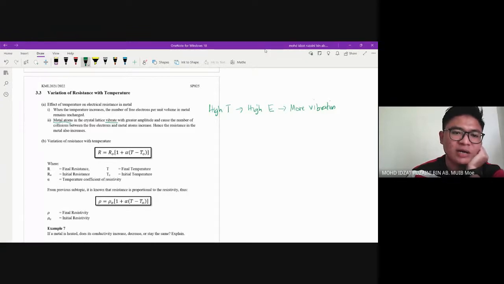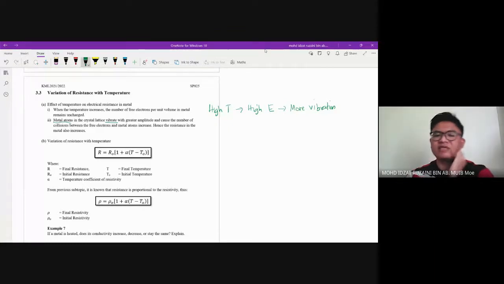Okay, so untuk part B is about the equation. So here kamu nampak kan, untuk ini kamu ada equation R equal to R0 (1 plus alpha (T minus T0)). Okay, so T ialah final temperature, T0 ialah initial temperature. So in this case, kita ada alpha sini lah. Alpha here is given as the temperature coefficient of resistivity.